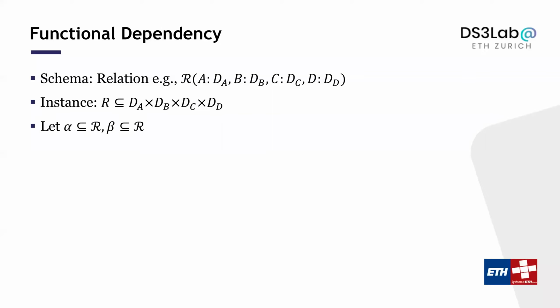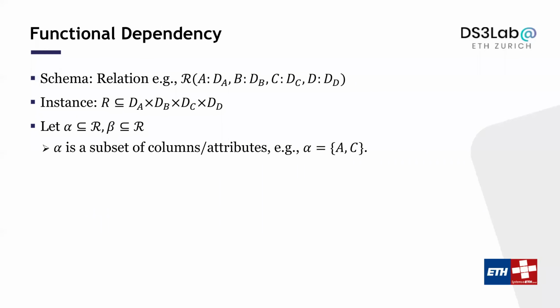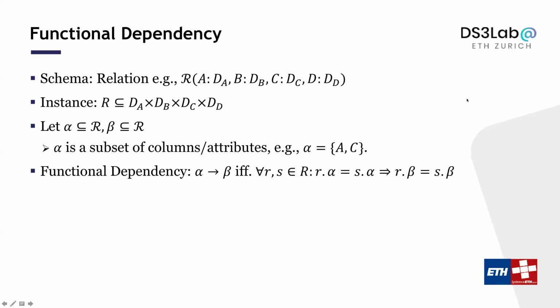Functional dependency describes the relationship between two subsets of attributes. Here, for example, we have a subset of attributes alpha and another subset of attributes beta. We say there's a functional dependency from alpha to beta, or beta is functionally dependent on alpha, if and only if, given arbitrarily 2 tuples in R, if they match on alpha, then that implies they also match on beta.